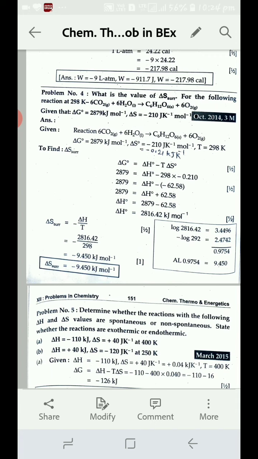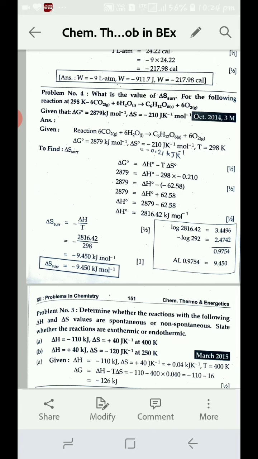So that answer carries half mark. So you have to write whether the reaction is spontaneous or non-spontaneous. So remember the condition: if delta G is less than 0, then the reaction is spontaneous.